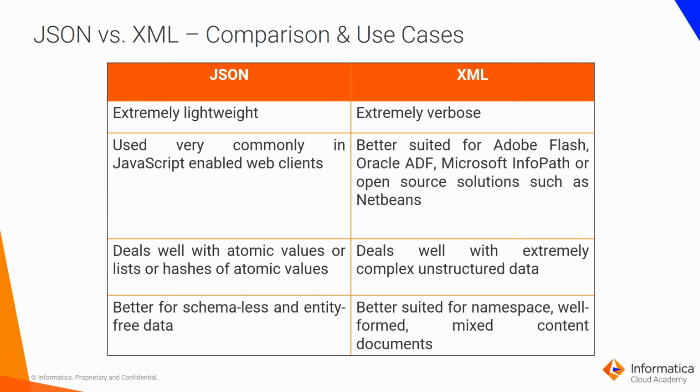JSON deals well with atomic values or list of hashes of atomic values. On the other hand, XML deals extremely well with complex unstructured data. JSON is better for schema-less and entity-free data, while XML is better suited for namespaced, well-formed, mixed-content documents.